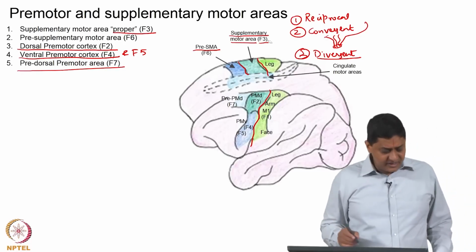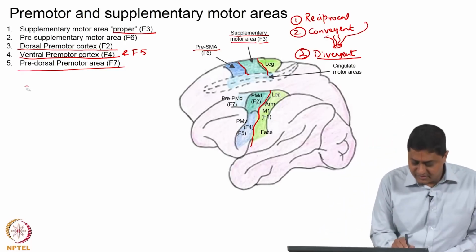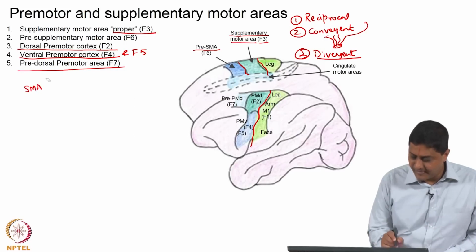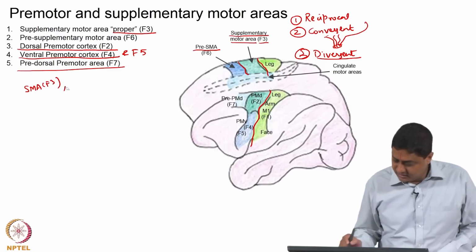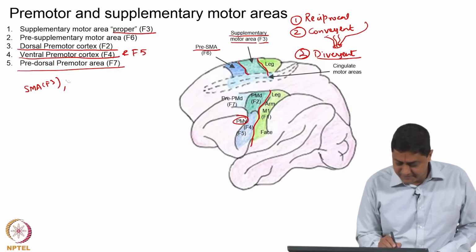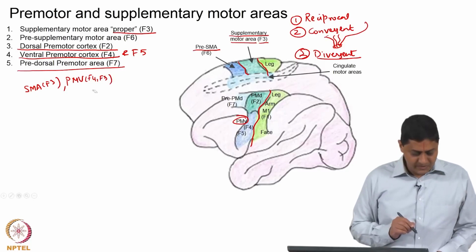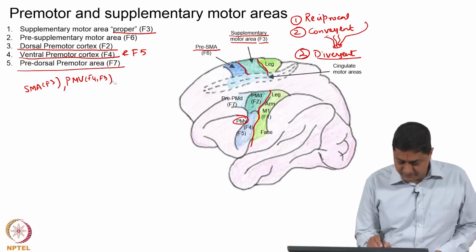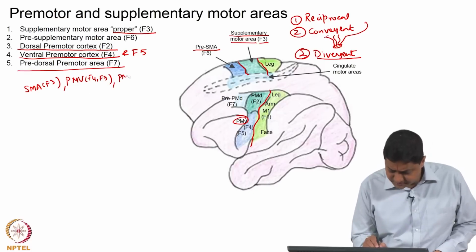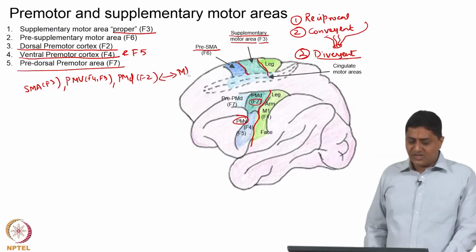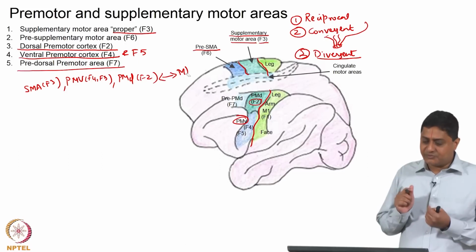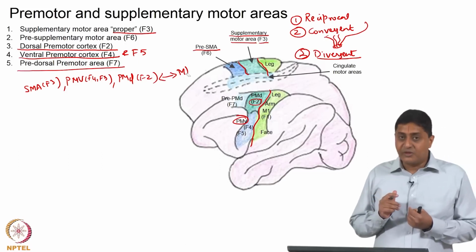Now, also we have to note that the supplementary motor area proper, which is F3, the ventral premotor cortex, this is F4 and F5, and the dorsal premotor cortex, that is F2, have well organized projections with the primary motor cortex.